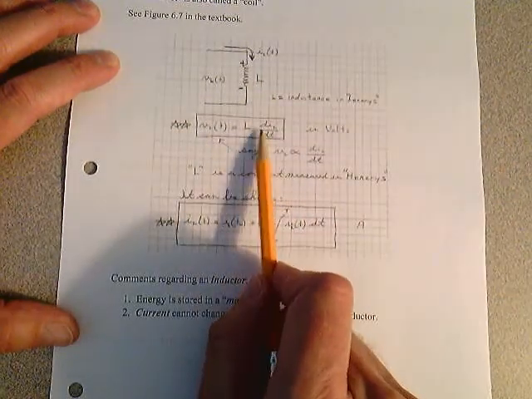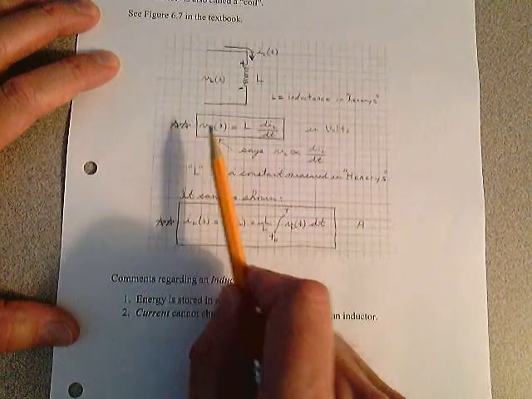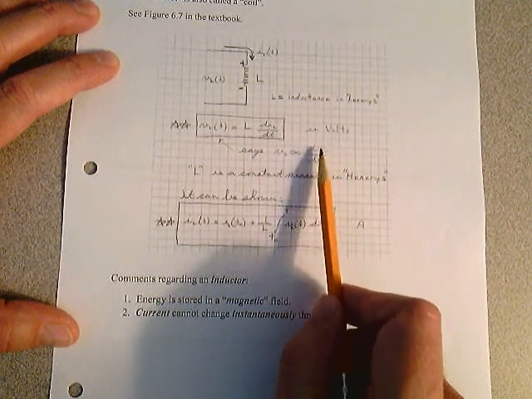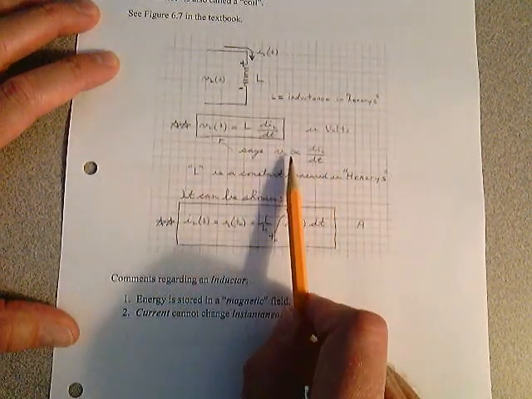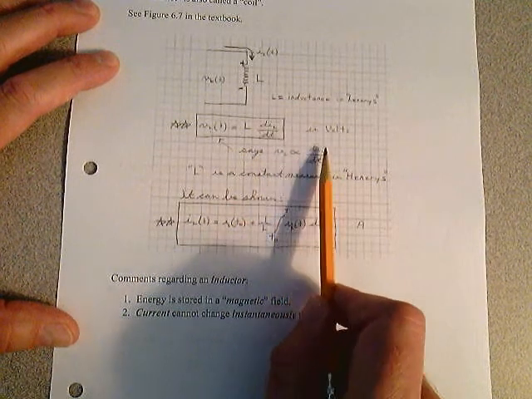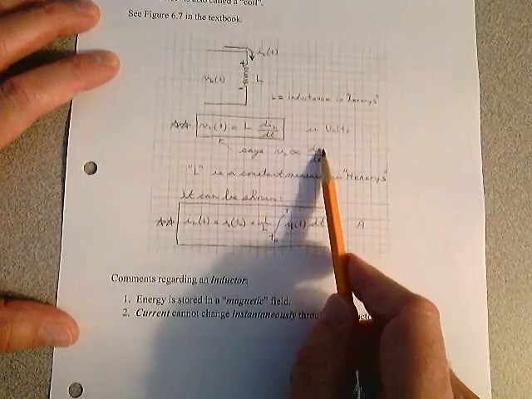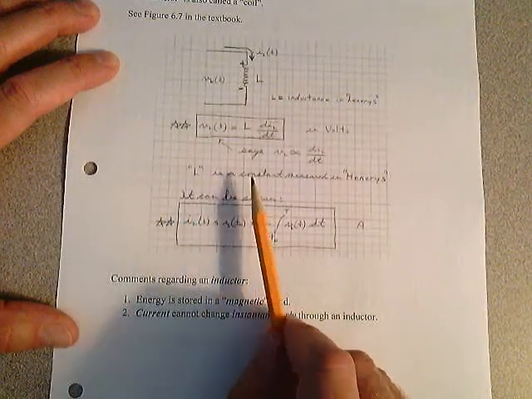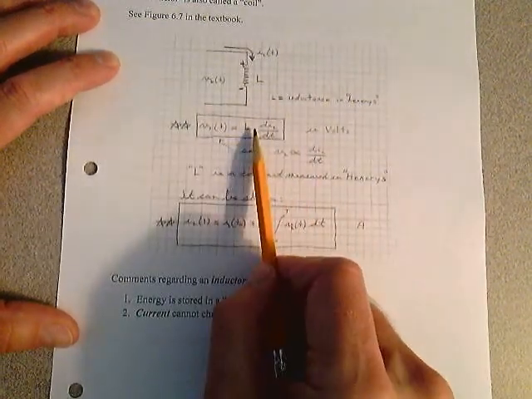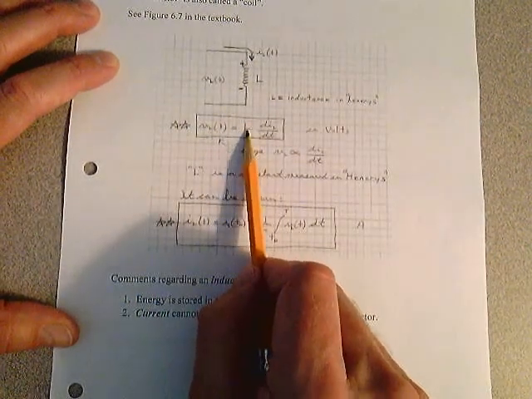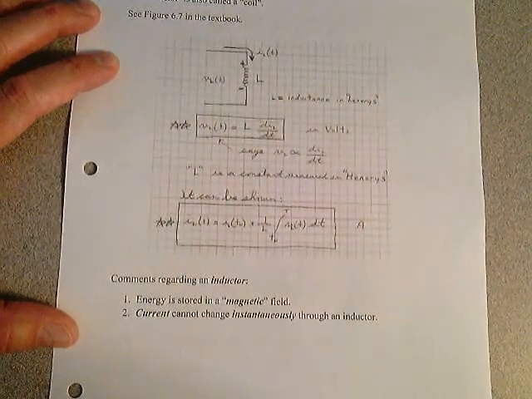This basically says that the voltage across the inductor is proportional to the rate of change of current. You have to think about that. L is a constant measured in henries. So what makes this an equation is that L, that inductance.